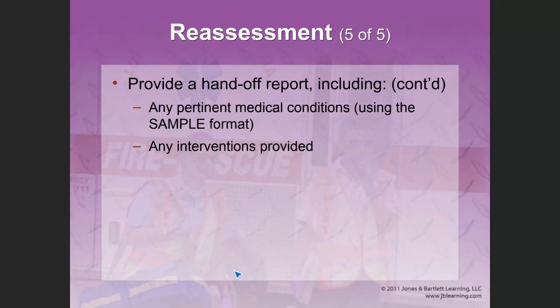Any pertinent medical conditions, specifically your SAMPLE, should be relayed when handing over the patient, and any interventions that you provided should also be relayed, and the time that it was provided and how the patient responded to the intervention.